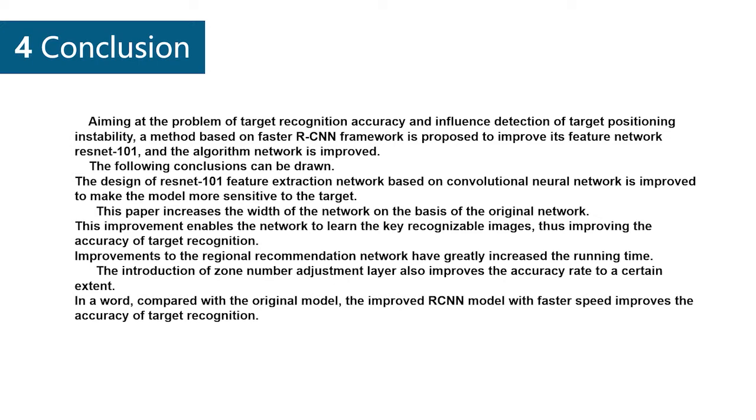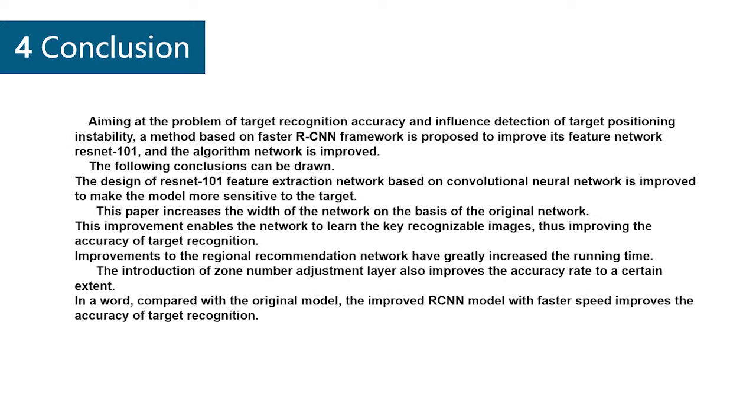The design of the ResNet 101 feature extraction network based on convolutional neural network is improved to make the model more sensitive to the target. This paper increases the width of the network on the basis of the neural network. This improvement enables the network to learn the key recognizable features of images, thus improving the accuracy of target recognition.